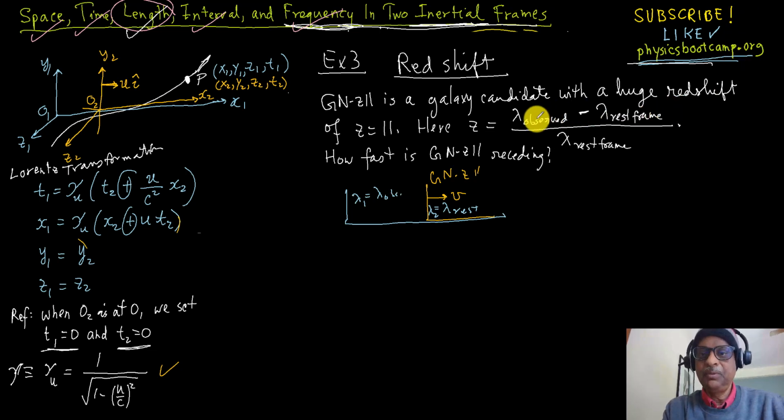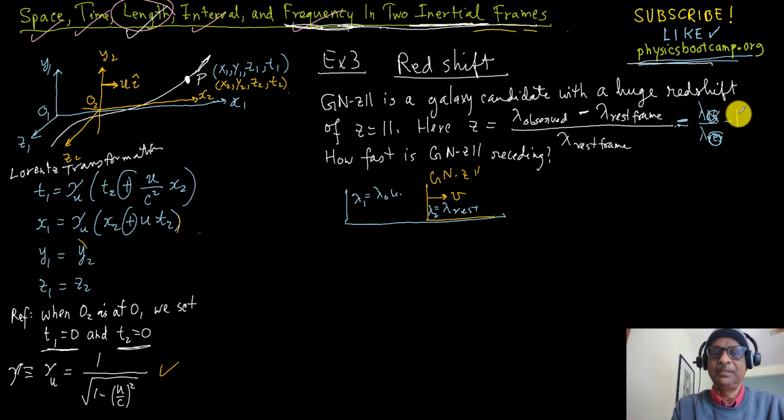You notice over here that z is just equal to lambda observed over lambda rest minus 1. Usually you just use the letter o for that and omit the subscript.